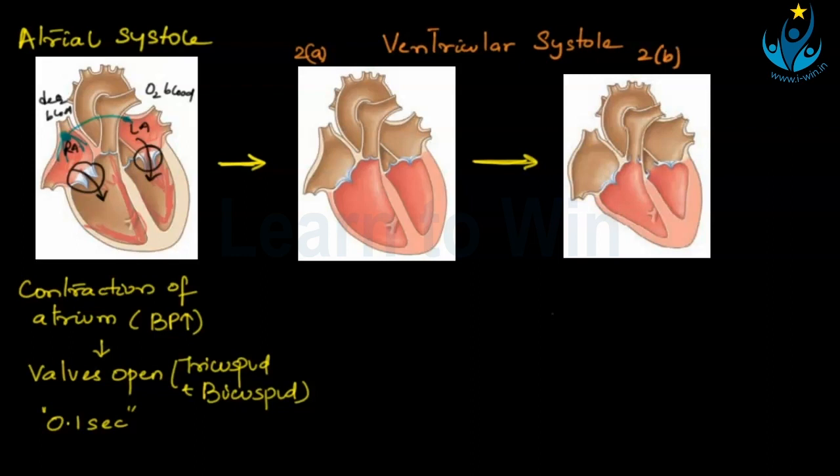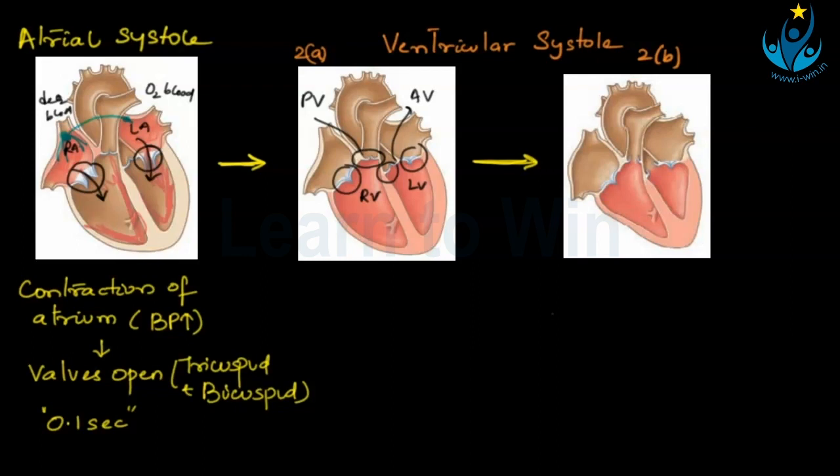In the 2A image, the ventricles are already filled with blood, the left ventricle and the right ventricle. The tricuspid and the bicuspid valves are closed, and the semilunar valves, the pulmonary valve and the aortic valve, are also still closed.